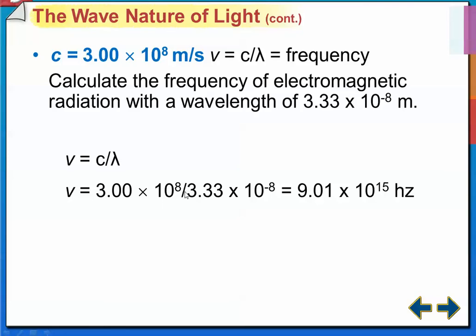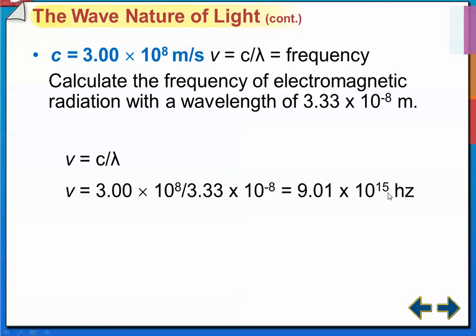Because these come out to be really big numbers. This frequency is usually a big number when we're talking about light waves. So we do the speed of light, 3.0 times 10 to the 8, divided by the wavelength, this many meters, a small number of meters, and it turns out to be a little over 9 times 10 to the 15th hertz.